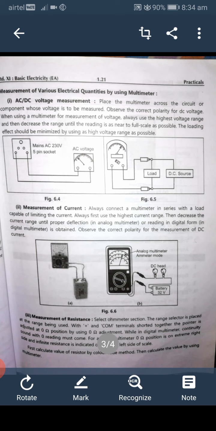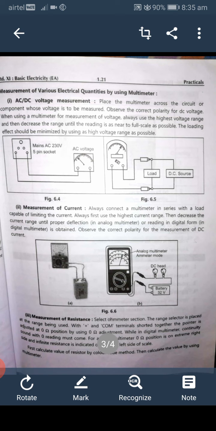The connection diagram for measurement of AC voltage is shown below. Measurement of current. Always connect a multimeter in series with a load capable of limiting the current.